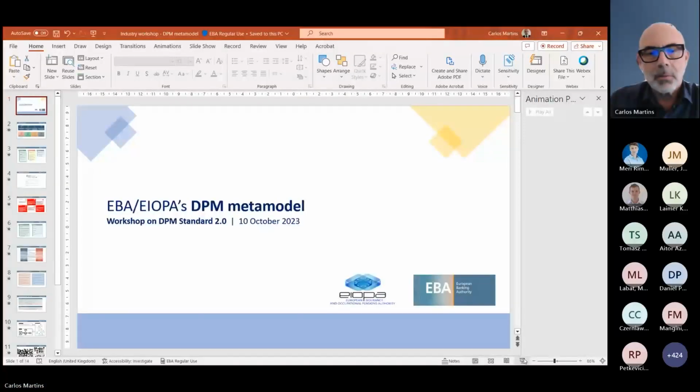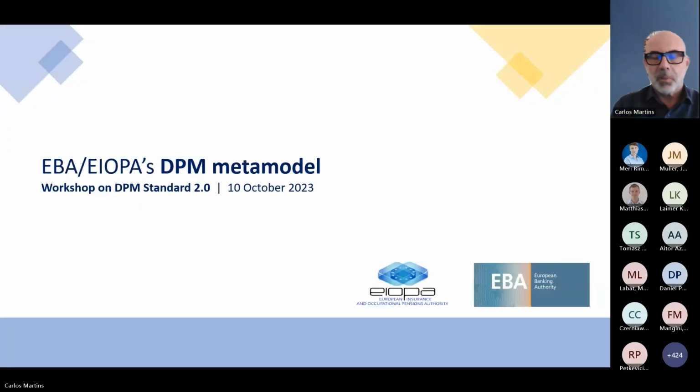Good afternoon, everyone, and thank you for being here. I will leave the IRF topic for the second presentation, and let me now share my slides. I will focus now more on the DPM metamodel itself, explaining the characteristics of the DPM and the evolution from the current one, 1.0, to the DPM standard 2.0.